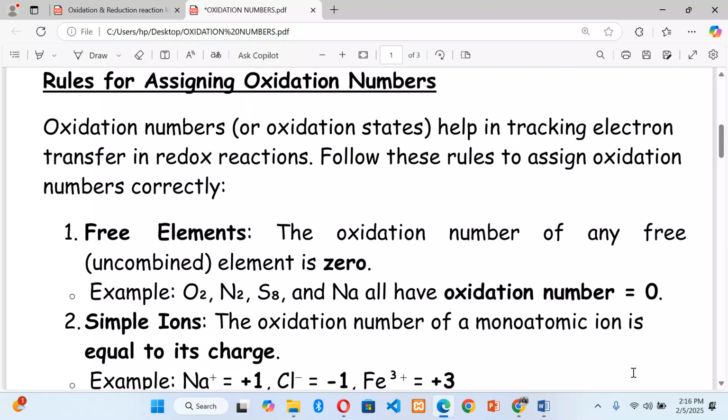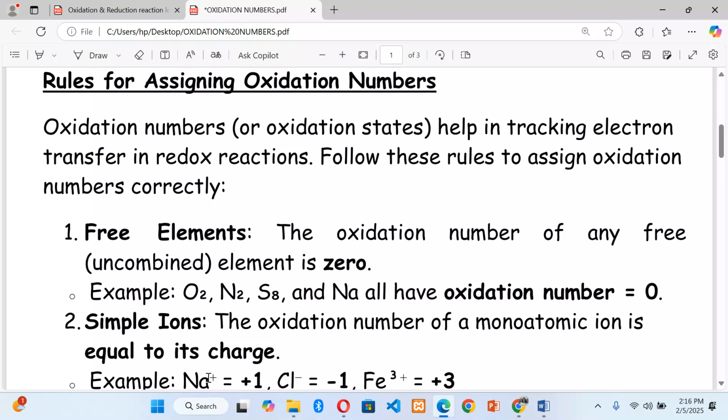Number two, simple ions. The oxidation number of monoatomic ions, or simple ions, is equal to their charge.